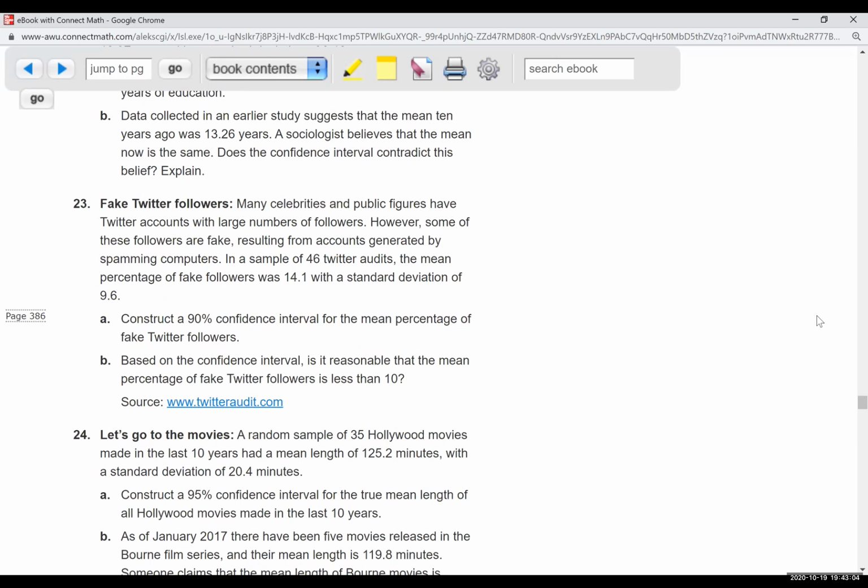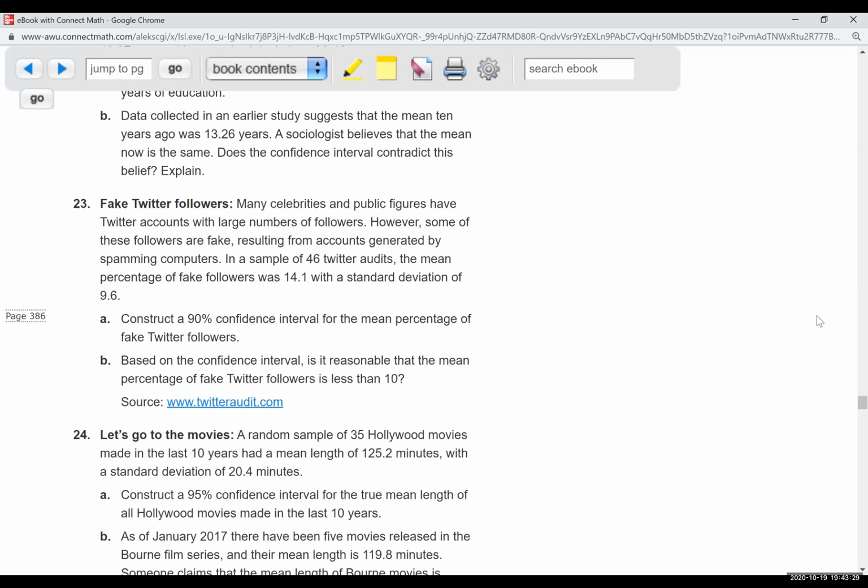So many celebrities and public figures have Twitter accounts with large numbers of followers. However, some of those followers are fake, resulting from accounts generated by spamming computers. In a sample of 46 Twitter audits, the mean percentage of fake followers was 14.1 with a standard deviation of 9.6.